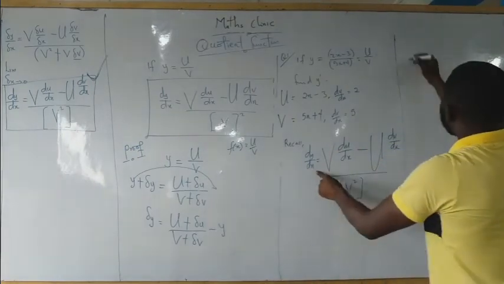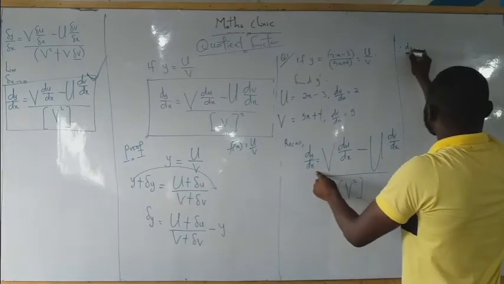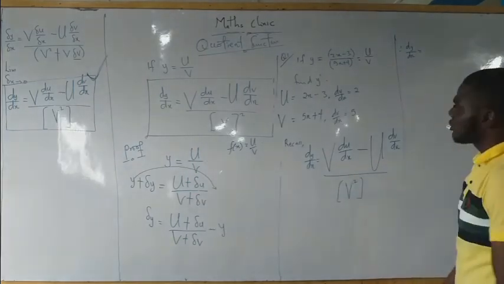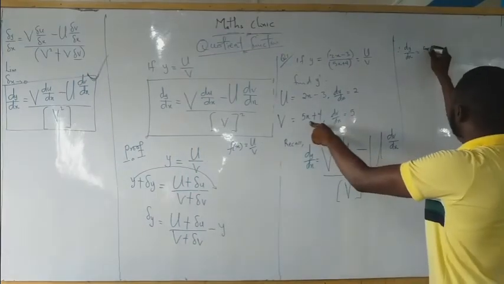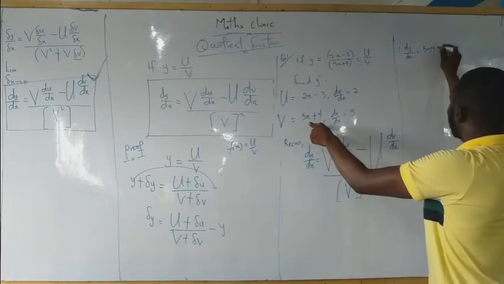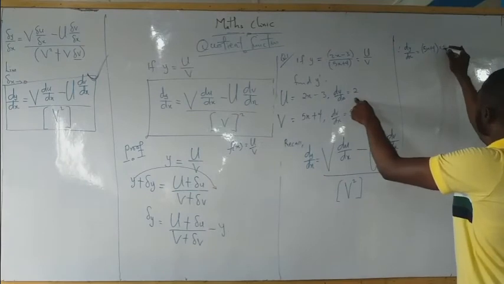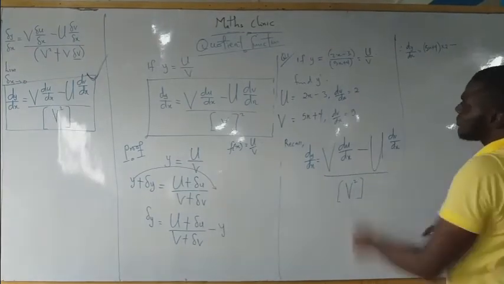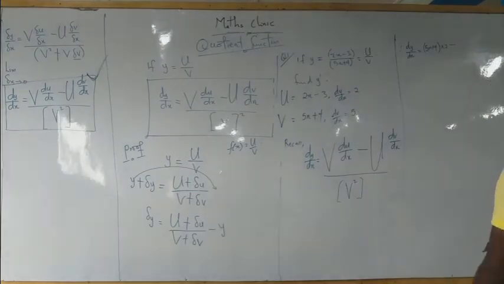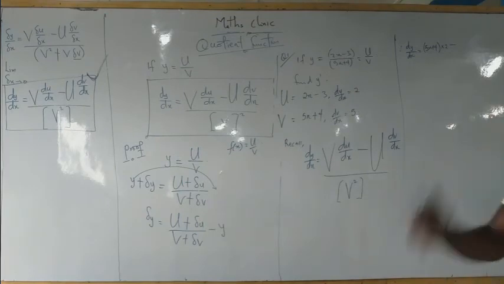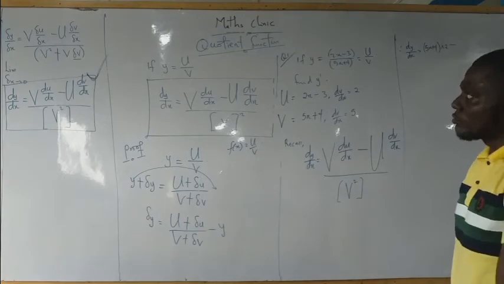Okay. So, therefore, dy dx equals, what's v? V is 5x plus 4. Take notes. Times du dx. Du dx is 2. Minus, not plus. We only have plus in the product function. In the quotient function it is minus.